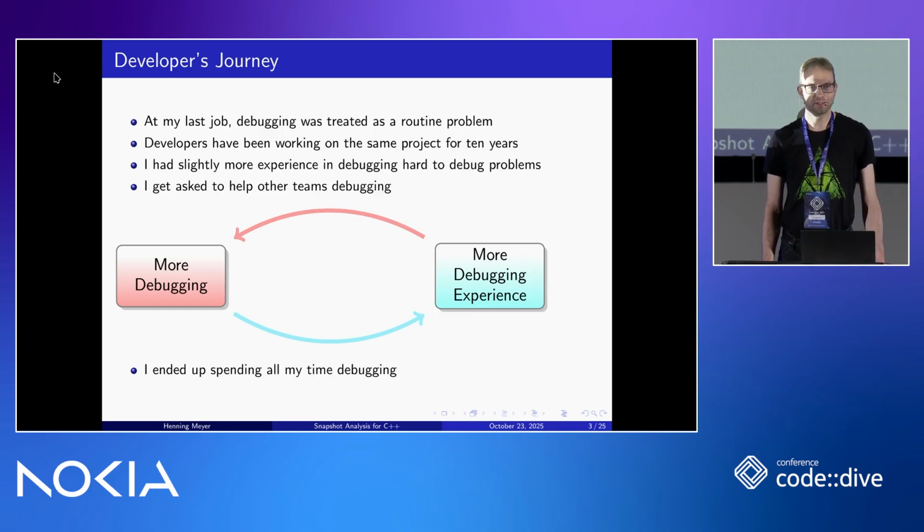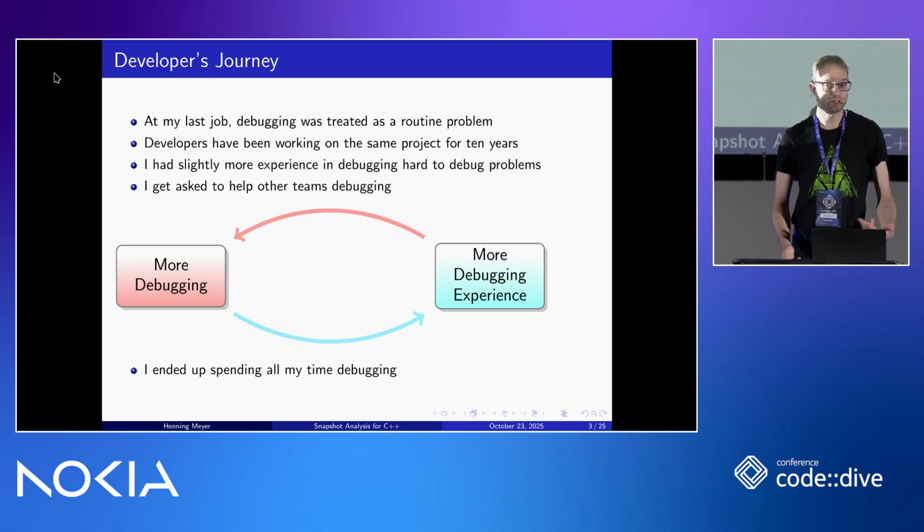That is what made me realize I want to automate this. I don't want to spend my time personally debugging. It's not valuable to me. It's not valuable to the company.